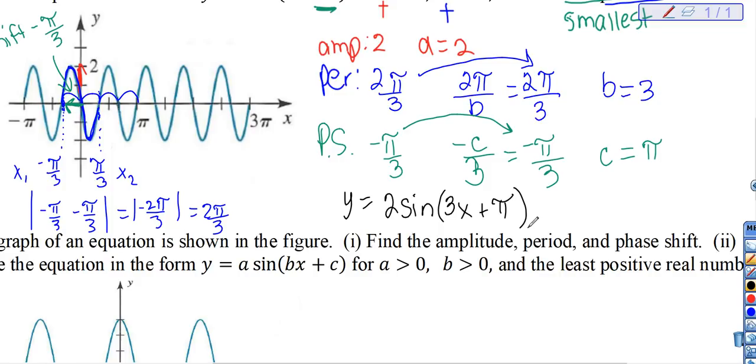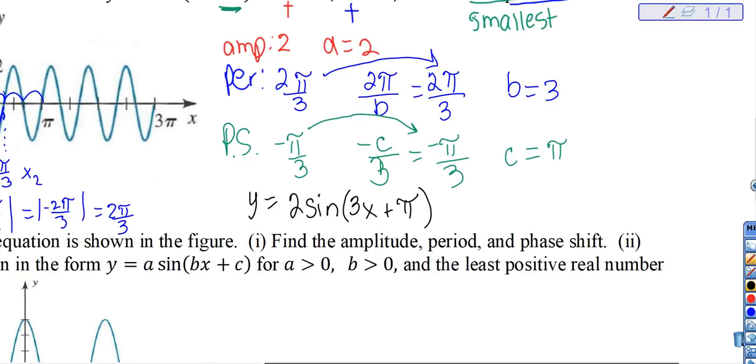Now, remember that I told you at the beginning when we were writing out all the formulas that we could use that whole phase shift period change idea at the same time to find our B and C terms, because don't you agree it takes a little time to find your period and phase shift, right?